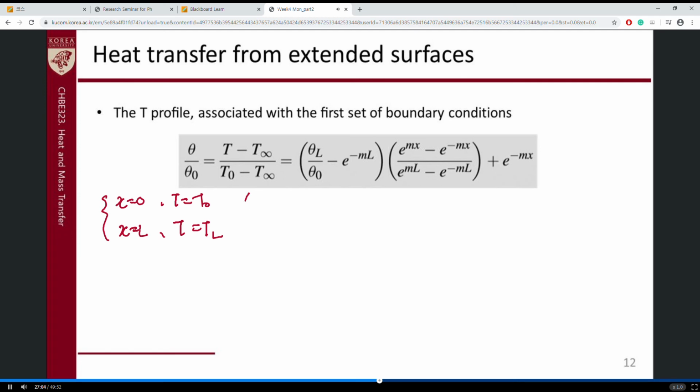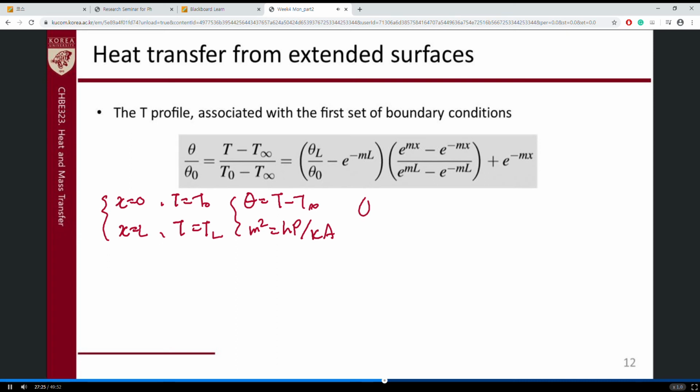And we assume that theta is T minus T infinity, and m squared is h perimeter divided by k area, which is constant, right?